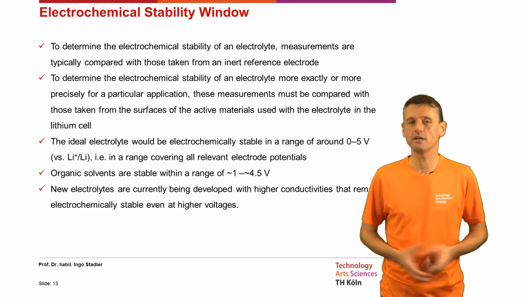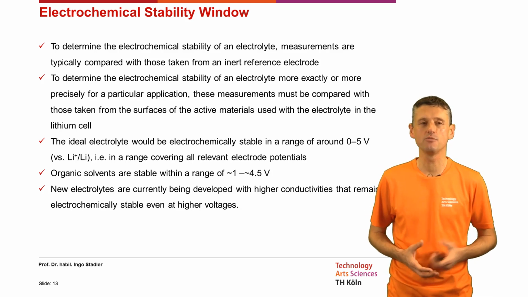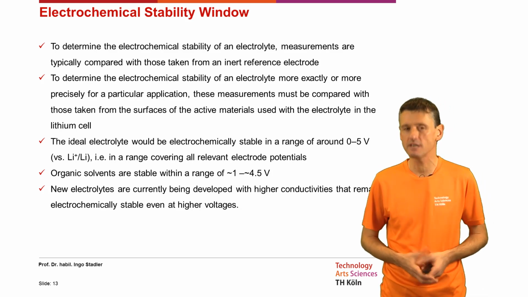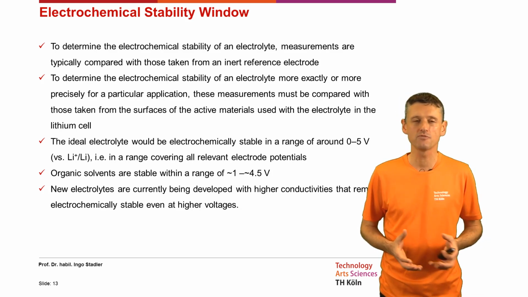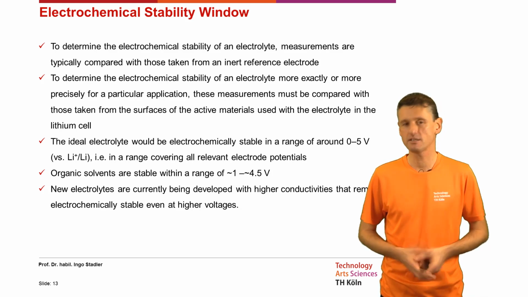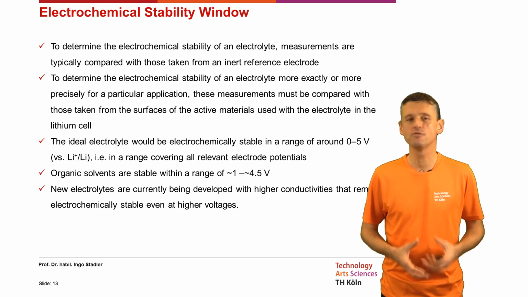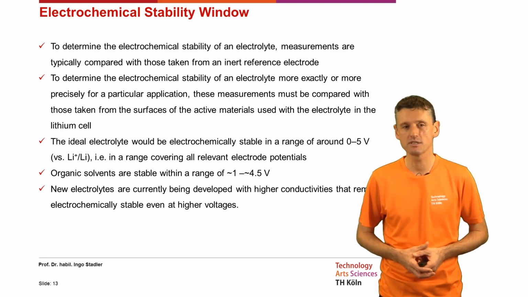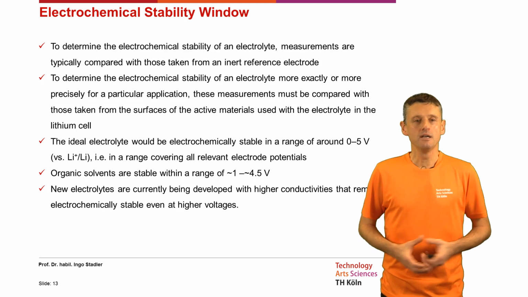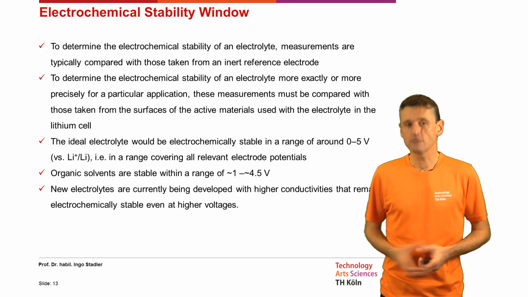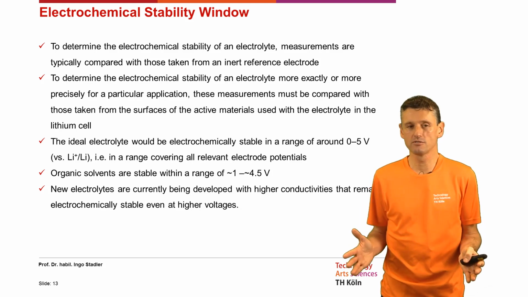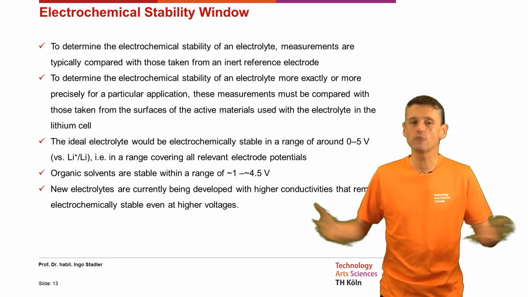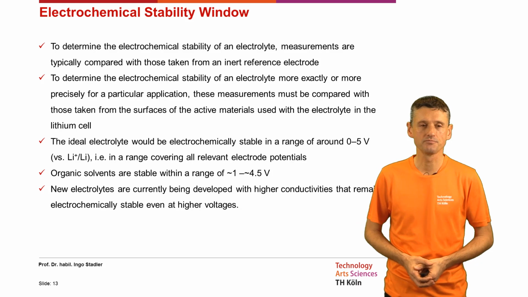To determine it more precisely for a particular application, these measurements must be compared with those taken from the surfaces of the active materials used with the electrolyte in the lithium cell. The ideal electrolyte would be electrochemically stable in a range of around 0 to 5 volts, so in a range covering all relevant electrode materials.